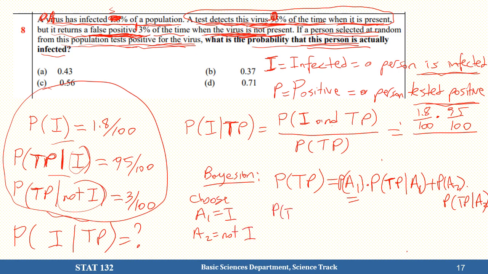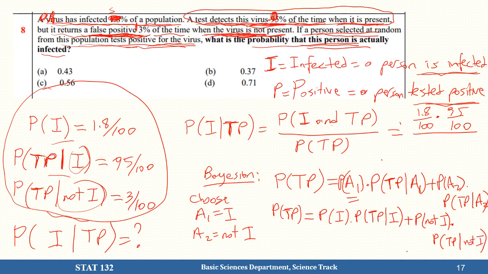The probability that the test result is positive is the probability of I times the probability that the test is positive given that the person is infected, plus the probability of not infected times the probability that the test is positive given that he is not infected.